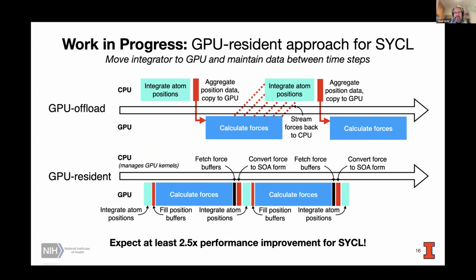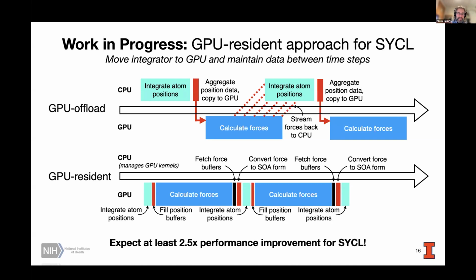And the problem is that as GPUs have gotten faster over the years, it's really hard with this type of mechanism to keep the GPUs fully occupied. The performance becomes bottlenecked due to the work that's being done on the CPU at each step. With the GPU resident implementation, we move all of the work to the GPUs.